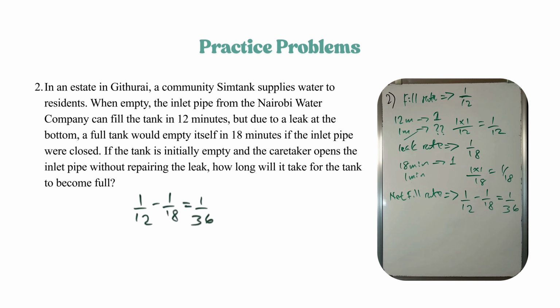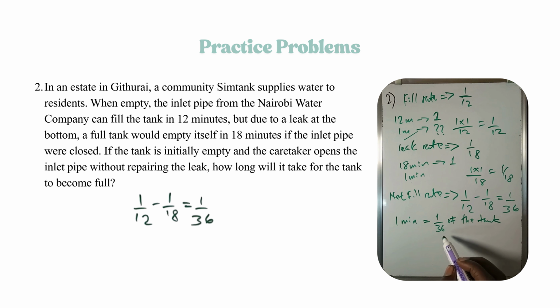Now, 1 over 36. What's the meaning of this? In 1 minute, 1 over 36 of the tank will be full. Now, how long will it take for the tank to become full?